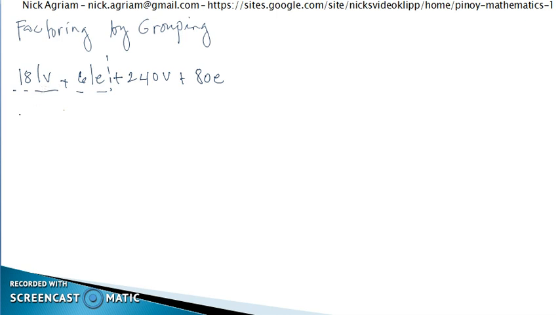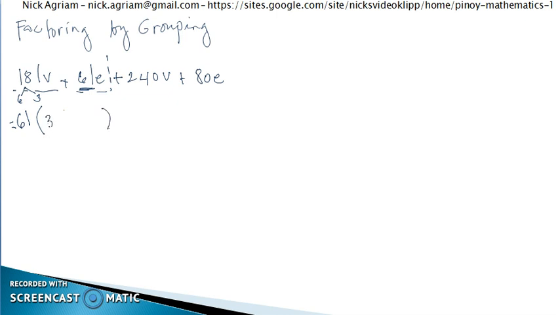The common factor is 6L. This is 6 times 3, and you have 6L here already. So you put 6L outside the parentheses.